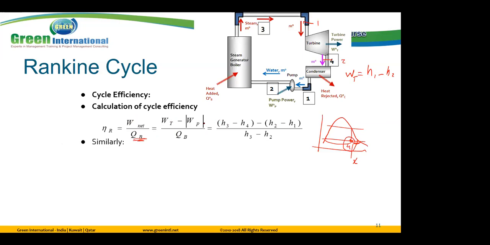Then I substitute for work turbine, work pump, and Q boiler, and we find the final equation for the efficiency. But we can simplify this equation. Normally, the work of the pump, sometimes he mentions it is small or we can neglect it. So we can cancel this part, and at the end the equation for the efficiency of Rankine is equal to H3 minus H4 divided by H3 minus H2.